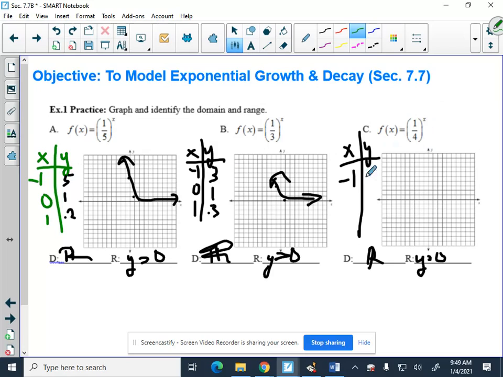When we put 1/4, what do you think it's going to be? 4. Yes, that's correct. After a while, hopefully you get some of the math where you can make the connections and see the pattern. And if we put in 0, we get 1. If we put in 1, we get 1/4 or 0.25. But what we'll see is this thing's getting smaller. And these three, they all really look the same, all three of those, right? Okay.